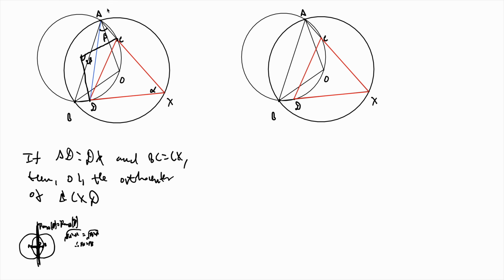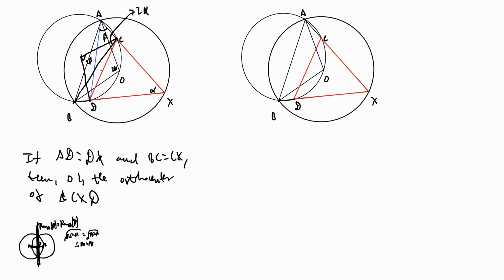So first of all, sorry, we know that this is 2 alpha. This angle is 2 alpha. Therefore, let's draw this line right here. This angle is also 2 alpha.